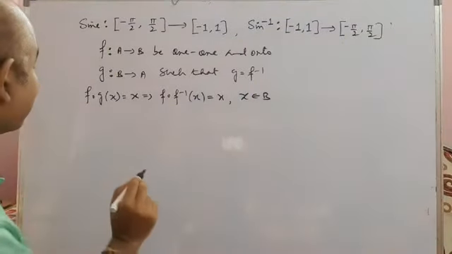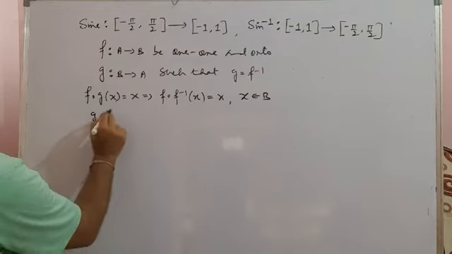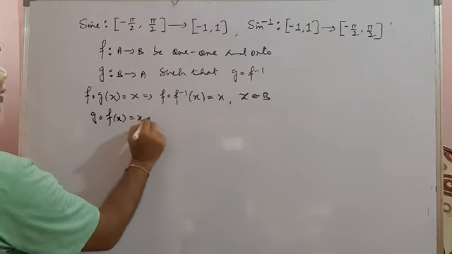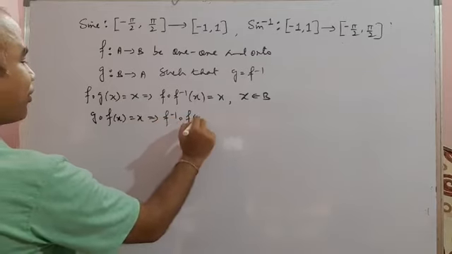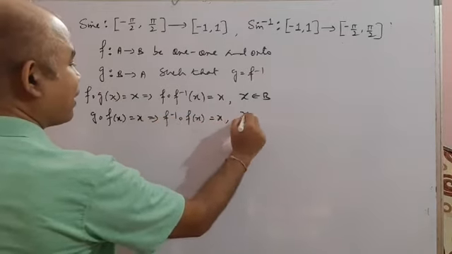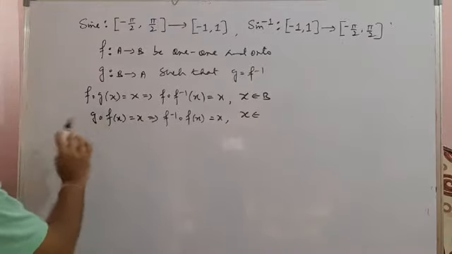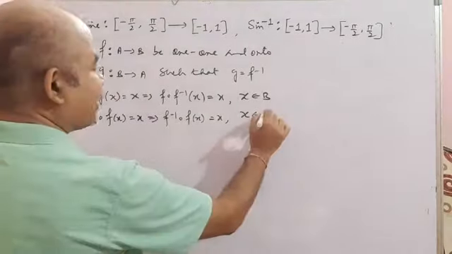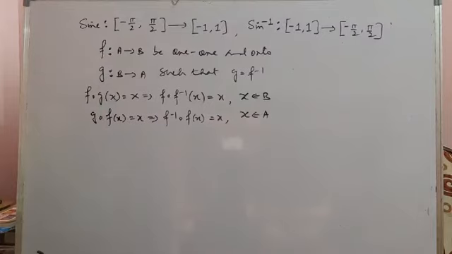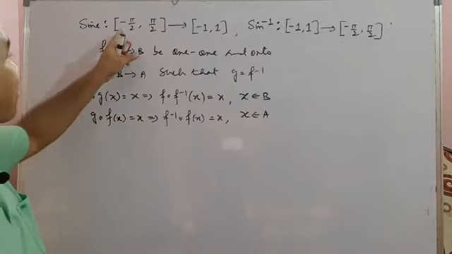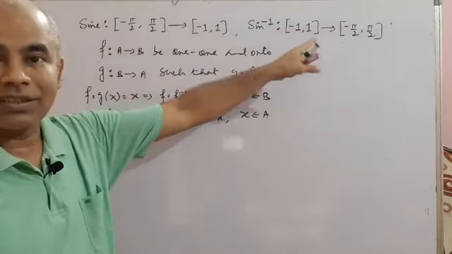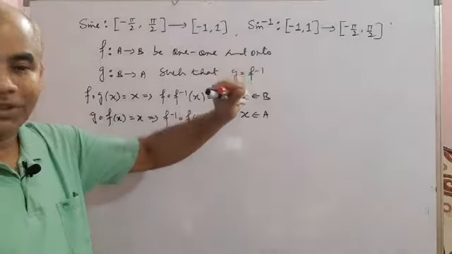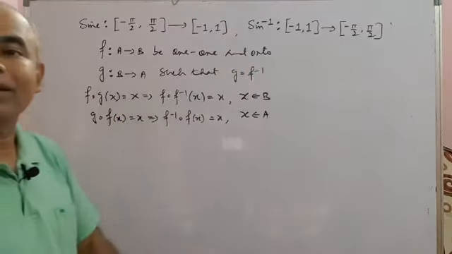Similarly, g composite f of x is also equal to x, or f inverse of f of x is equal to x, and this time this x must be an element of the domain of f. f is a function from a to b, so x must be an element of a. So following this, here you see sine is a function from minus pi by 2 to plus pi by 2, and sine inverse is this. So sine and sine inverse are inverses of each other, so they also satisfy this condition.